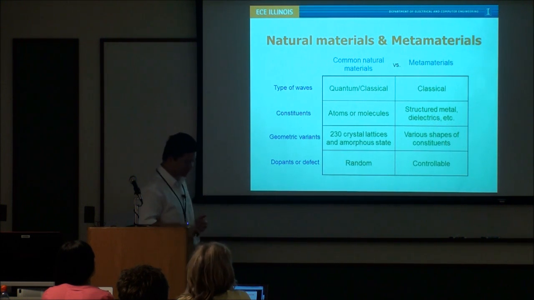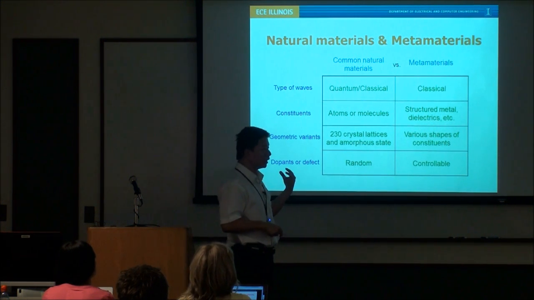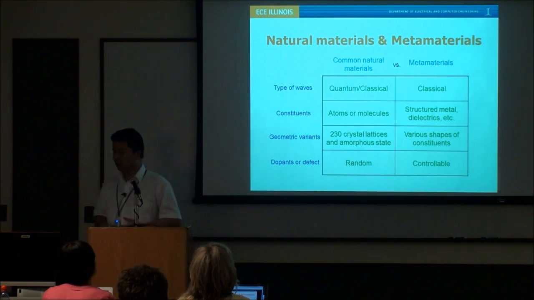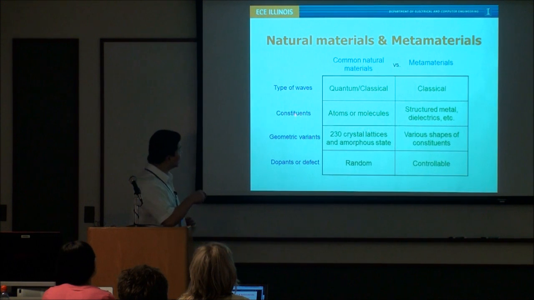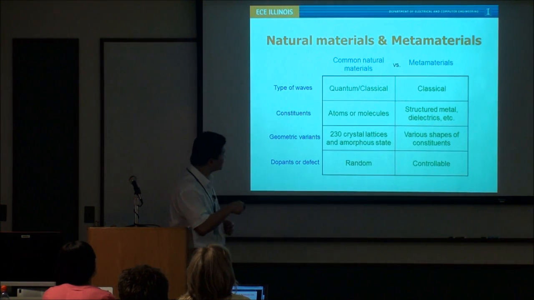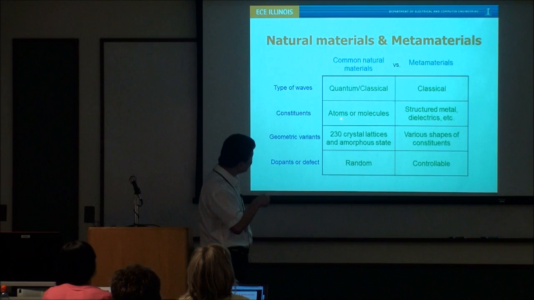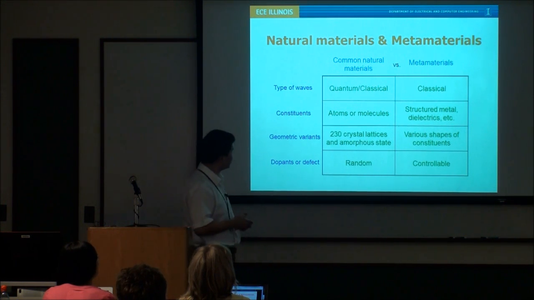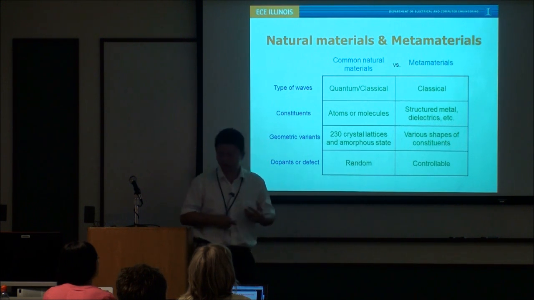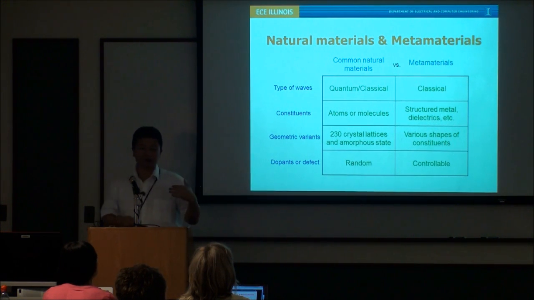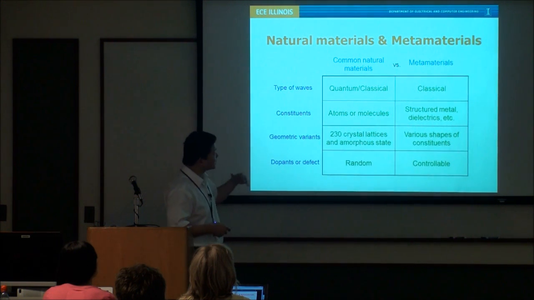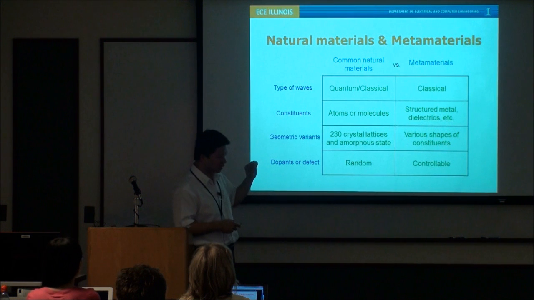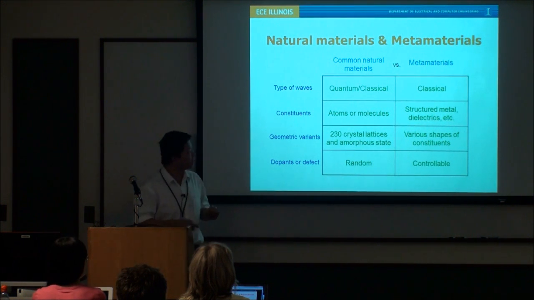But for natural materials, because you are dealing with atomic structures, sometimes you do have to deal with quantum mechanical theories. The constituents of natural materials are typically arrays of atoms in crystals, right? But for metamaterials, we're not yet down to the atomic level. We are still relying on the molecular level, or let's say nanoscale.